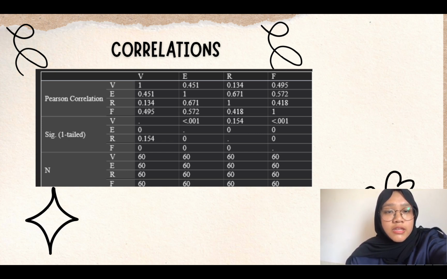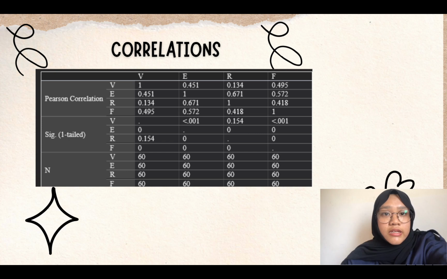The table shows the correlation matrix using Pearson correlation for variables V, E, R, and F. 1. Key correlation. Strong: E and R 0.671. Moderate: V and E 0.451, V and F 0.495, E and F 0.572, R and F 0.418. Weak: V and R 0.134. 2.